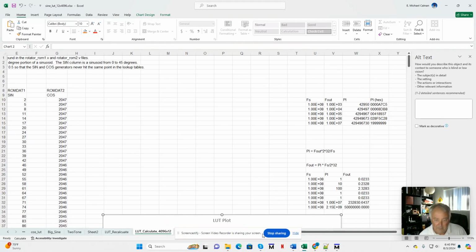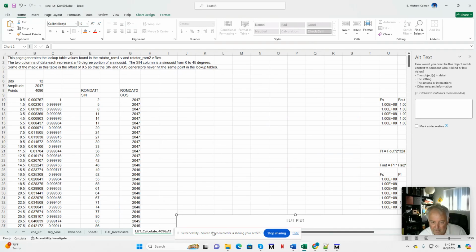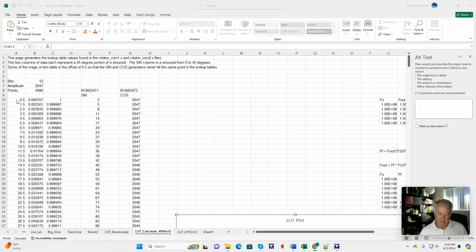I'll try to get zoomed in here. See if I can move this over here. The magic is in our lookup table, we start with an offset of 0.5. What that does is it allows these two lookup tables to be used without overlapping.